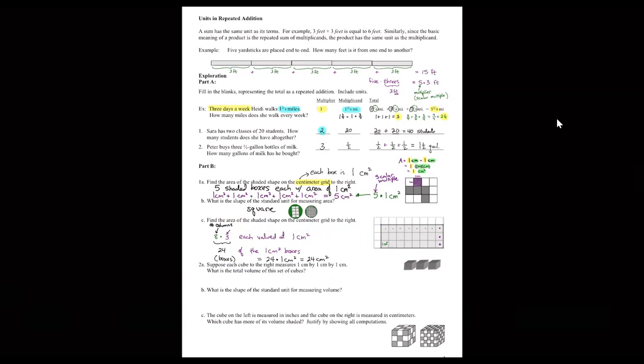3 represents the number per column. We could say the number of rows in the shaded area, but really the idea of number of columns gives me the multiplier.